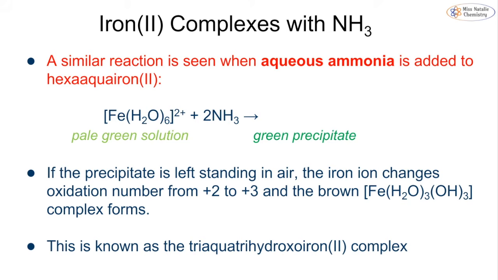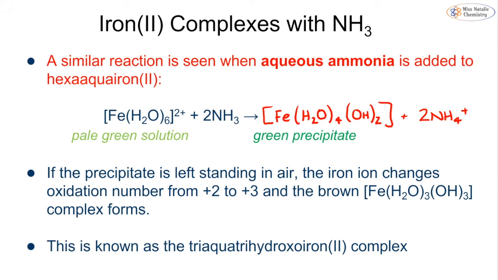When it reacts with aqueous ammonia, we see the same green precipitate being formed. So the iron connected to 4 waters and 2 hydroxides, and this makes those ammonium ions as well. But we're making that same green precipitate.